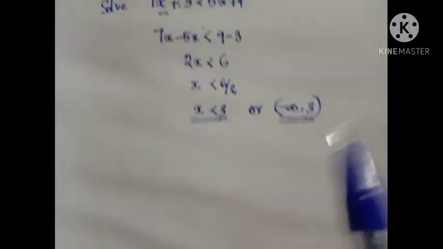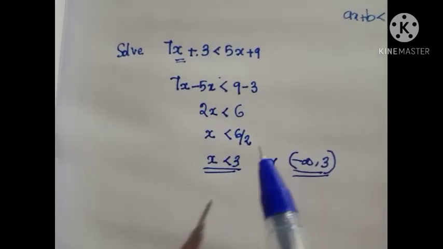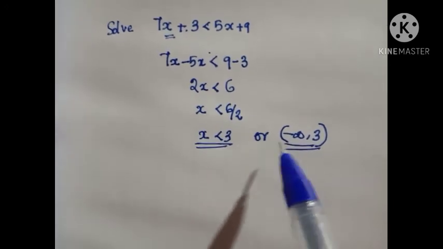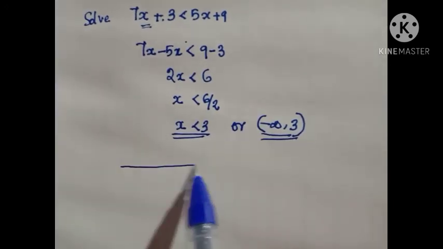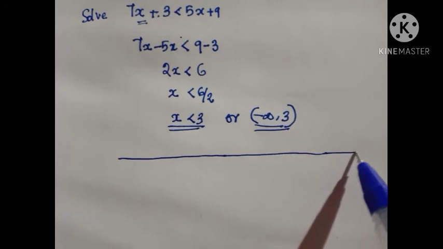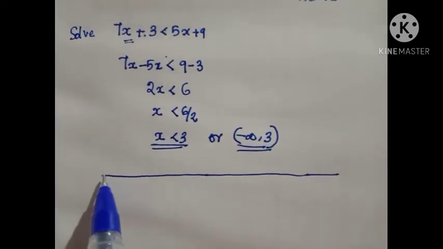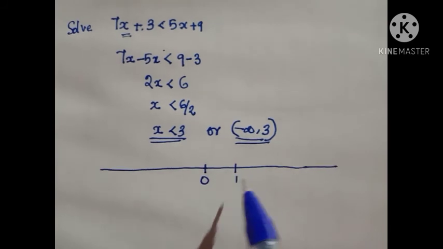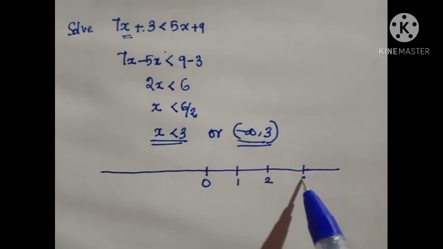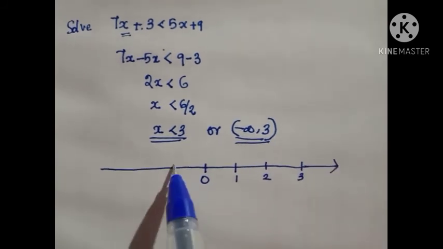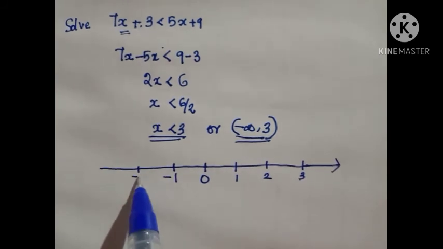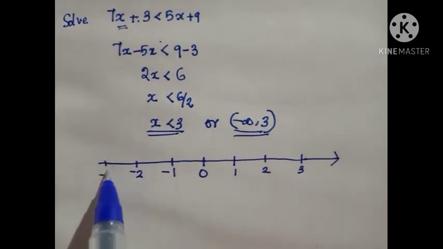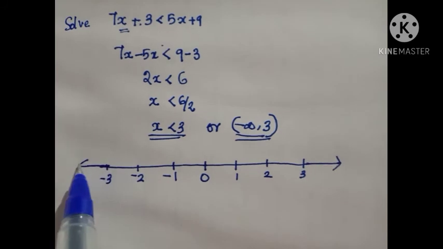Now, how to represent this solution on our real line? That's our next topic: representing linear inequalities on a number line. So we know how to draw a number line. Along the left side, all numbers are negative numbers. So this is our number line.